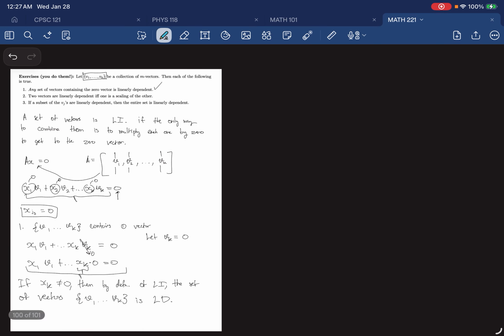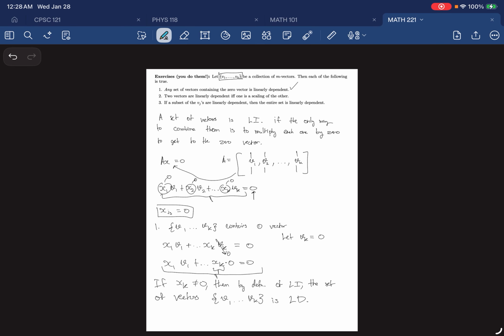It reads: two vectors are linearly dependent if and only if one is a scaling of the other.